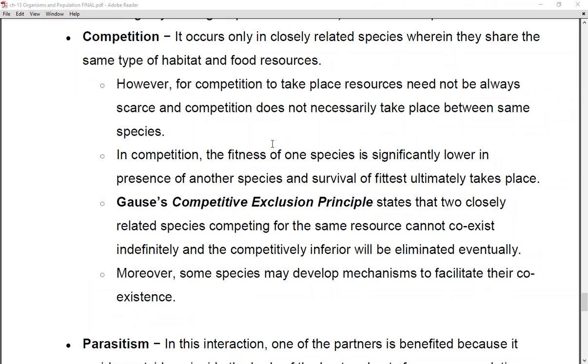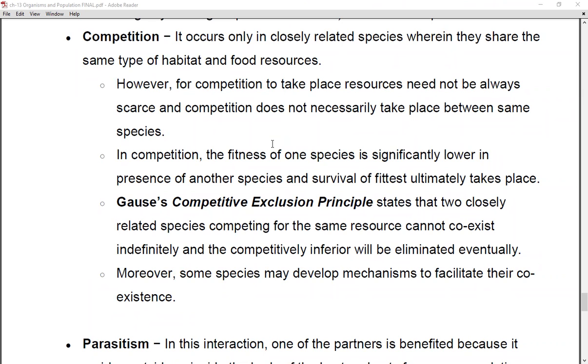So it occurs only in closely related species, that means species that are mostly similar to each other. In those species the competition is observed, wherein they share the same habitat. So for habitat they are competing, as well as for the food resources.